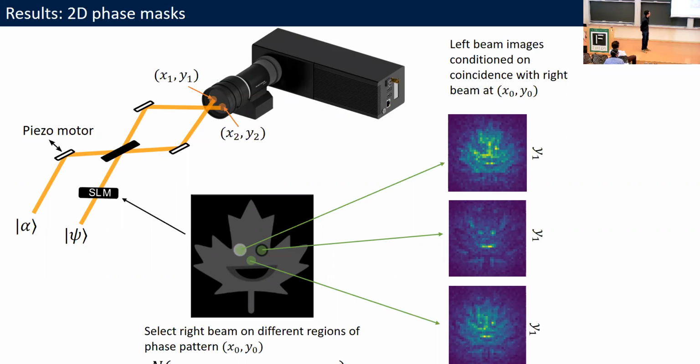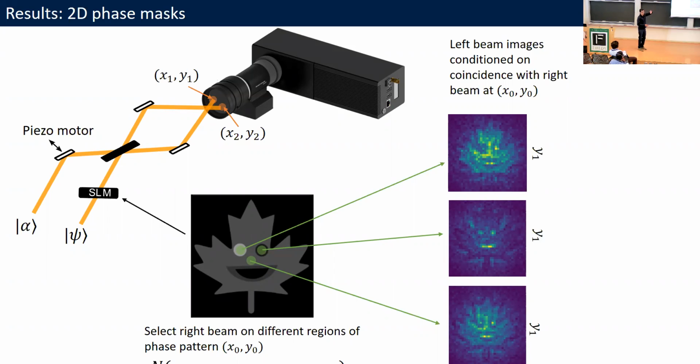But one way that you can extract some images that make sense and show you some phase information is to look at particular regions on the left beam. You select a pixel on the left beam, which will correspond to the different regions on this phase pattern, so in particular, different phase values.